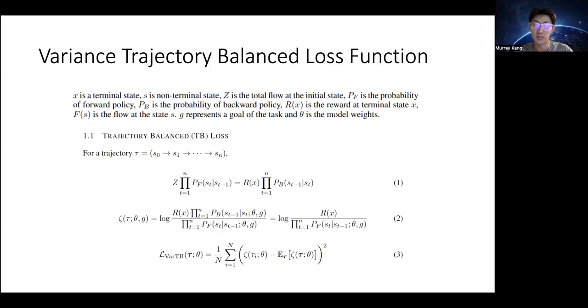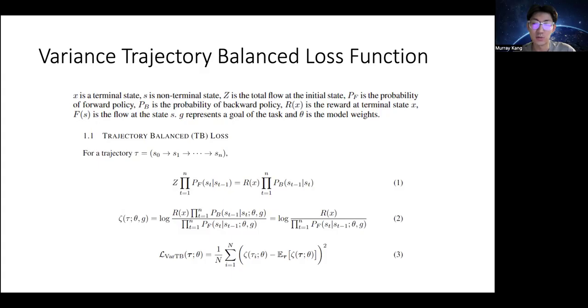The distribution is then not stuck on a single mode, and it models a multimodal distribution with different correct examples. Here's the notation: X is a terminal state, meaning the final state of a trajectory, and S is a non-terminal state.